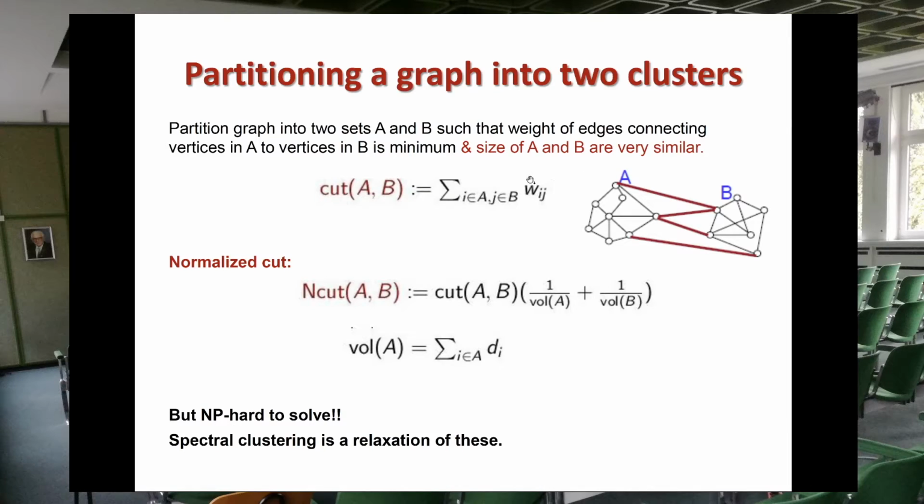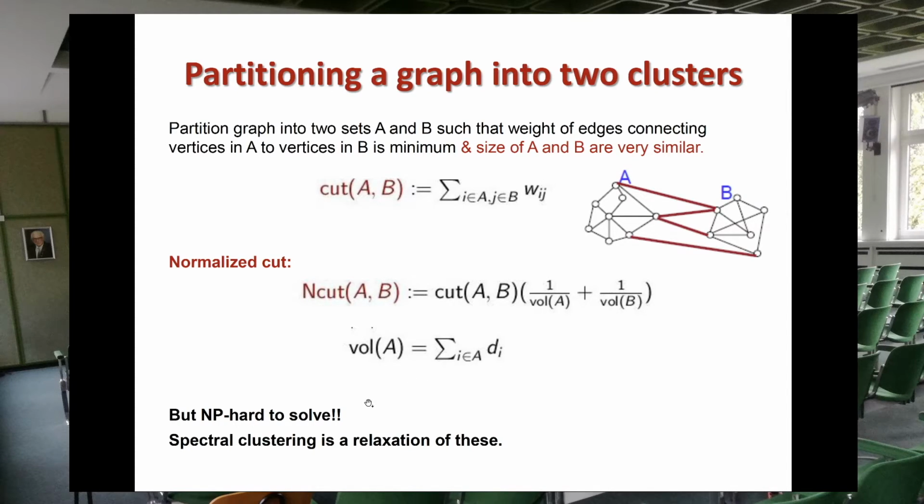Okay, so what you do is you take this cut, which is this, and then you multiply it by the sum of 1 over the volume of A and 1 over the volume of B, where the volume of A is defined as the sum of all the degrees of the points in set A.